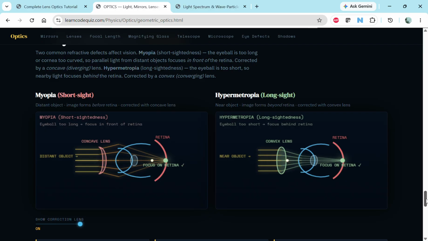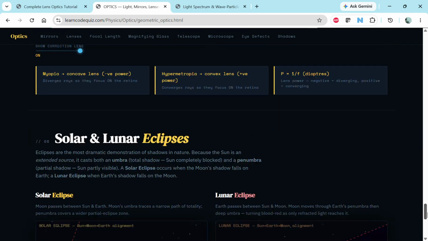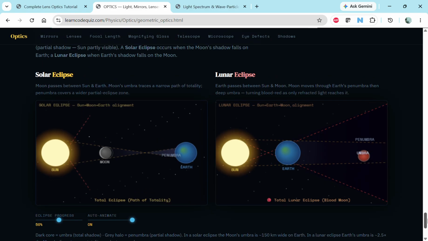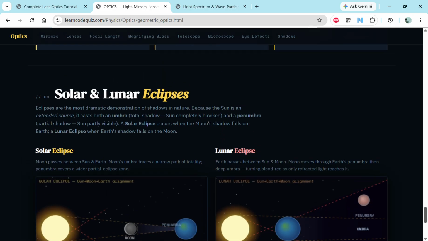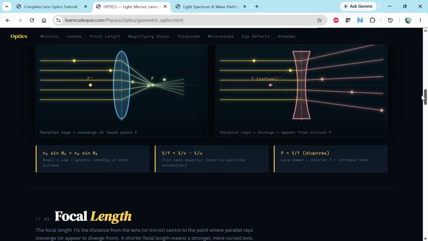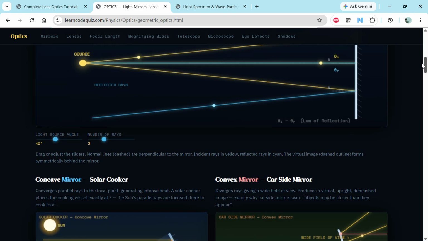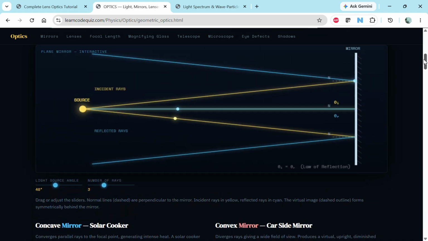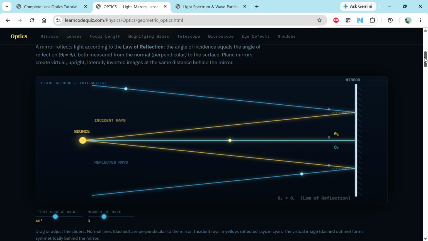How does that work? And you may have also seen eclipses, solar eclipse, lunar eclipse. All these phenomena are related to light, and I'm going to explain to you in very simple ways how that works. Let's start with mirrors.